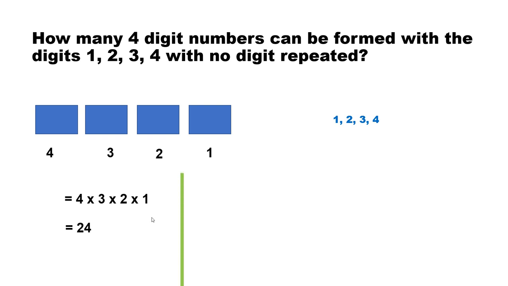Now let's do the same using the permutation formula, which is n factorial divided by (n minus r) factorial. So here n is 4 because there are 4 digits available, and here it's interesting: this 4 is equal to n because it's the number of digits, and r is the number of digits taken at one time, for forming this, that is also 4.